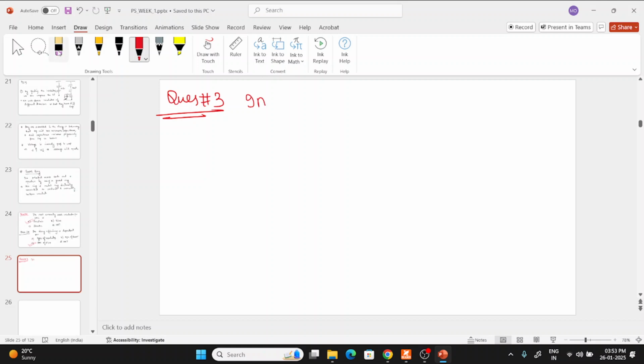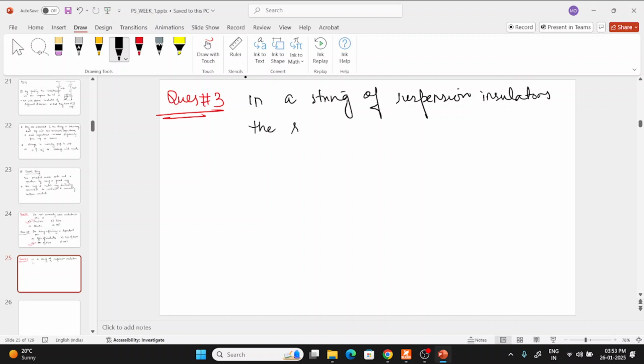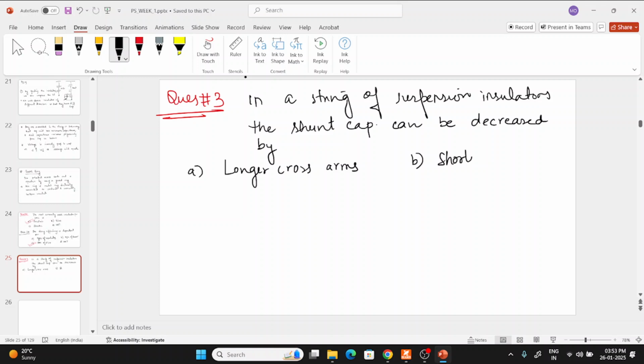In a string of suspension insulators, the shunt capacitance can be decreased by: A, longer cross arms, B, shorter cross arms, C, longer span, D, none of the above.